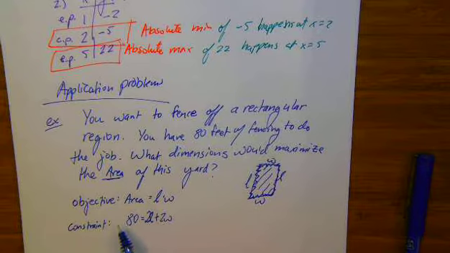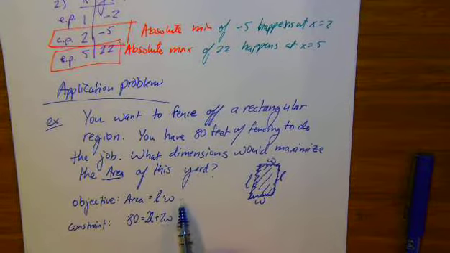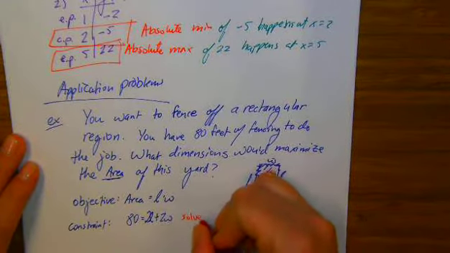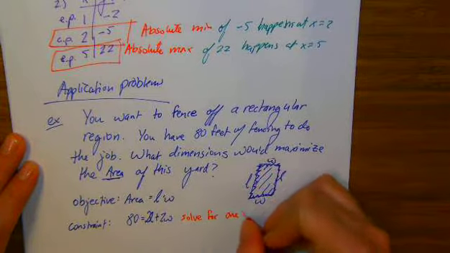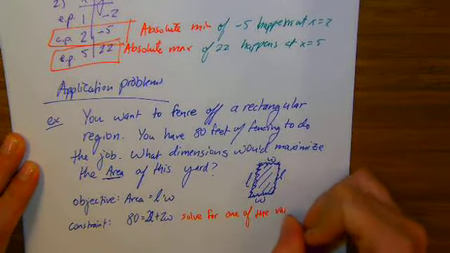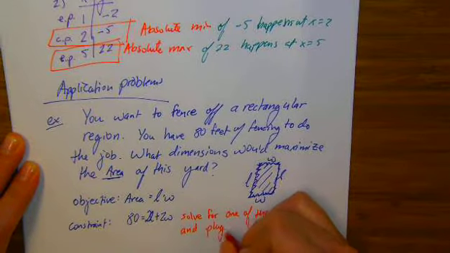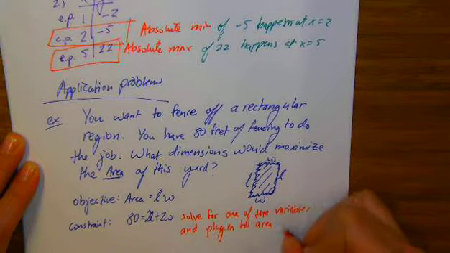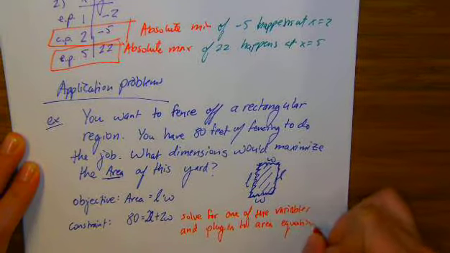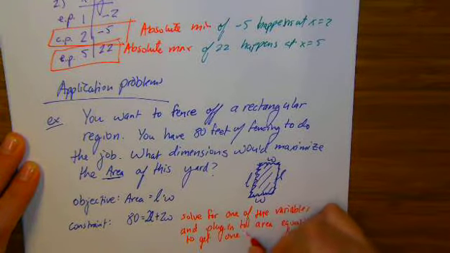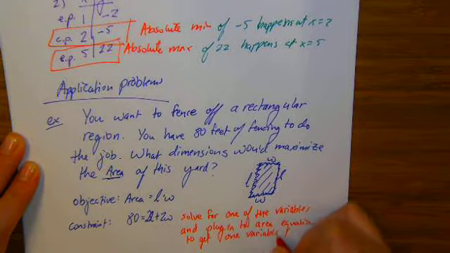Alright, so I can use this limitation I have to solve for one of the variables, replace it in my area equation to get a 1 variable equation.